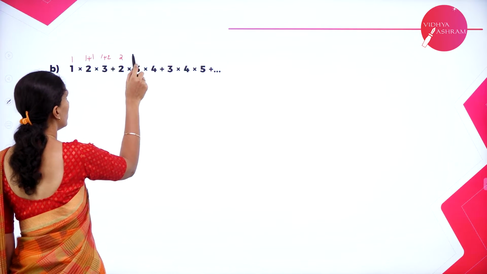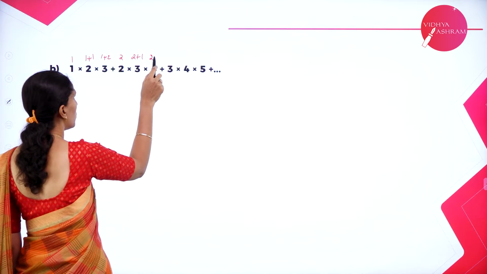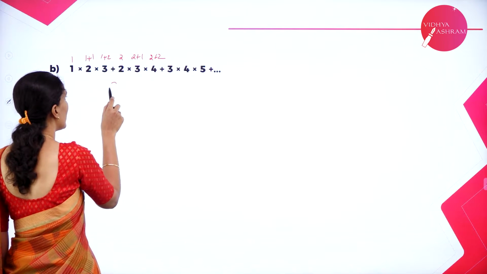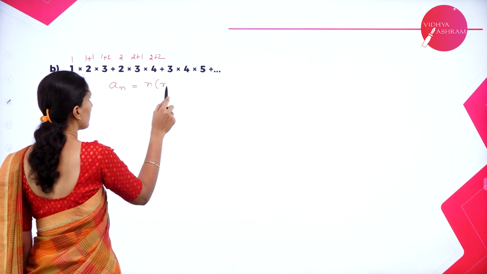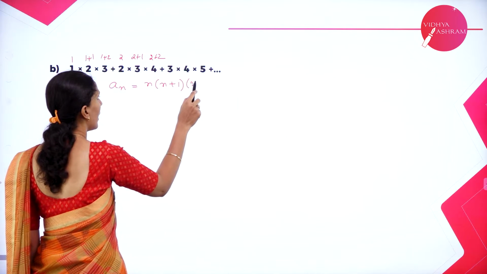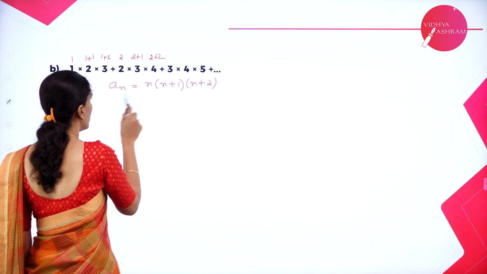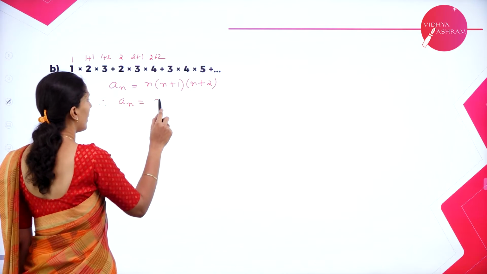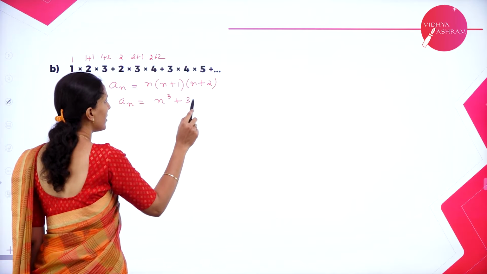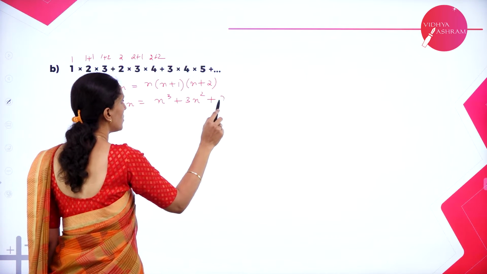If this is 2, this is 2 plus 1, 2 plus 2. Similarly, if you have the nth term, then it is n, n plus 1, n plus 2. So therefore, an we will get it as n cube plus 3n square plus 2n.